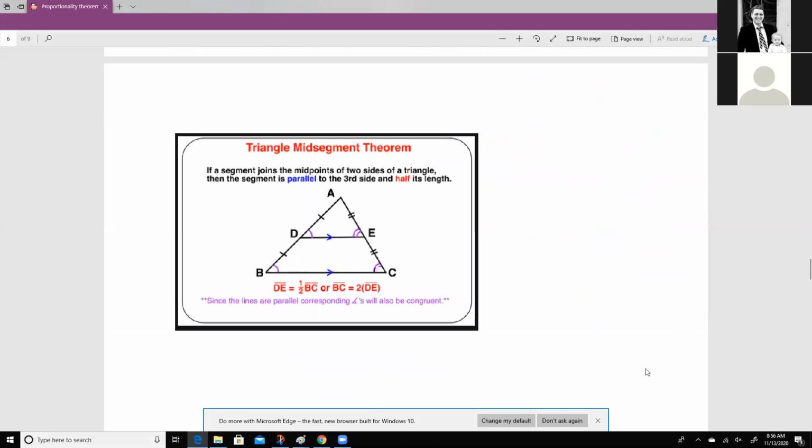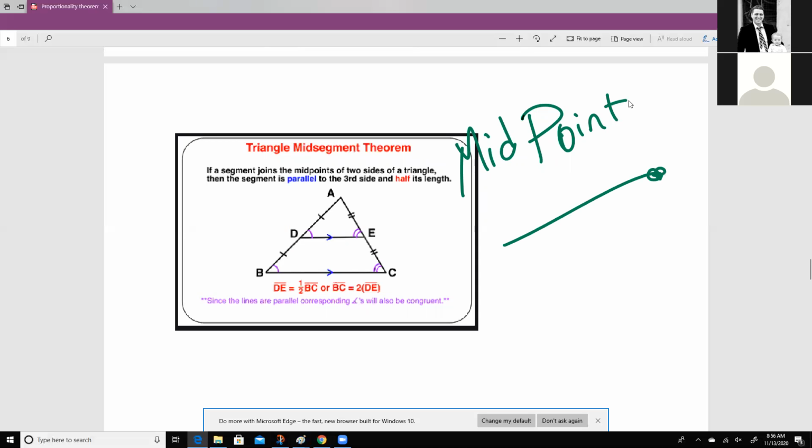Let's talk about the mid-segment theorem. Now, we know midpoint. Let's think about midpoint for a second. Midpoint on a line was that point in the middle of a line that cut the line into 2 equal pieces. Well, guess what?